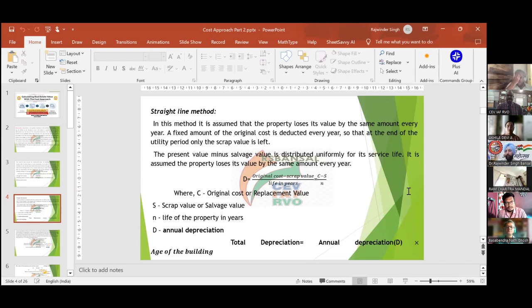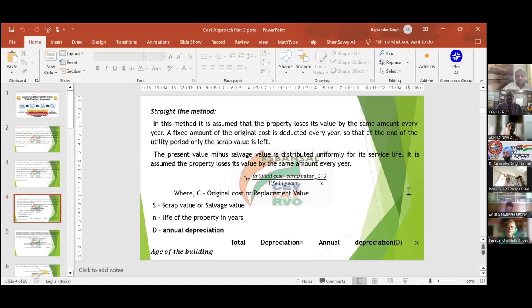So salvage value is available for you from 0 to 60 years. Whether it lives for 60 years or not, that is immaterial. So you will get at least salvage value.